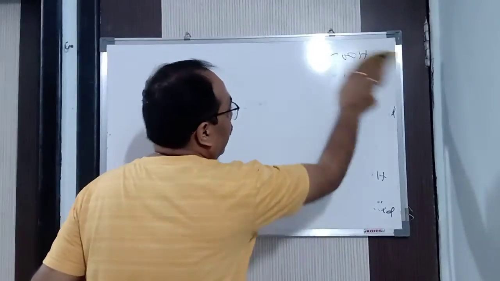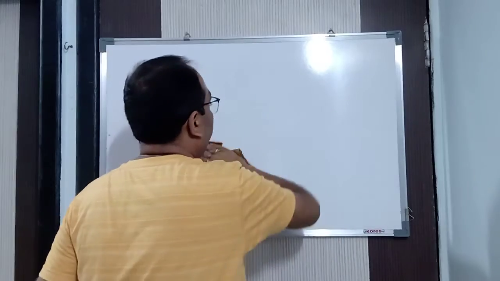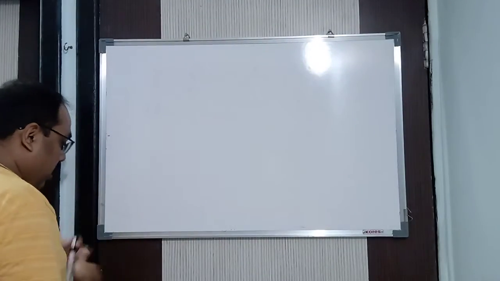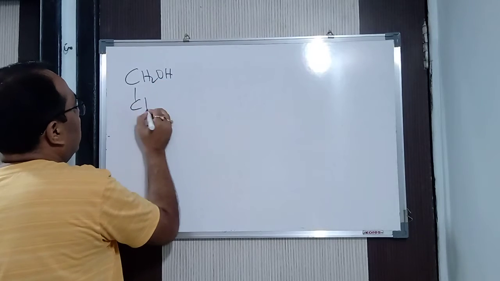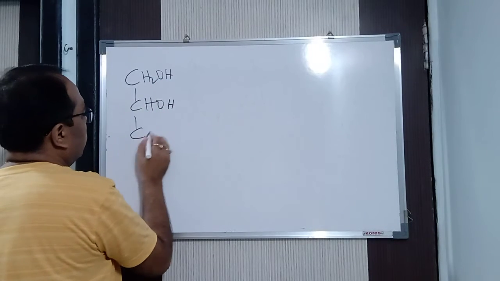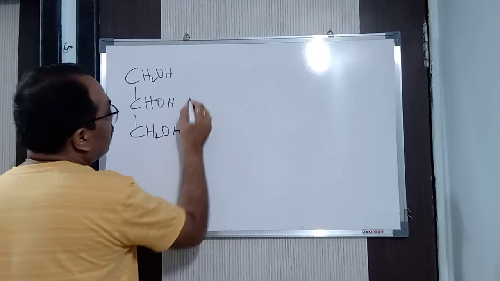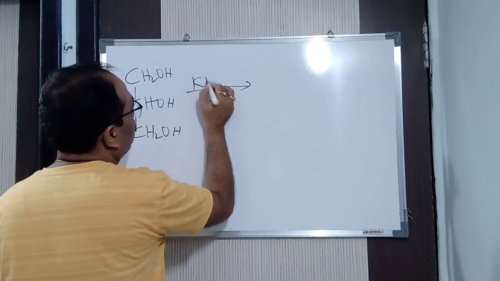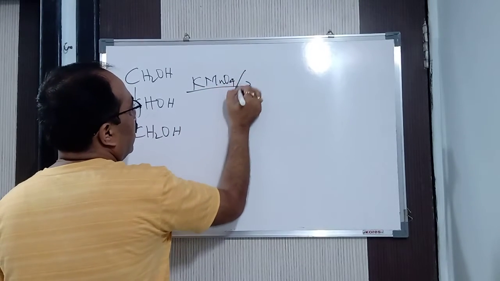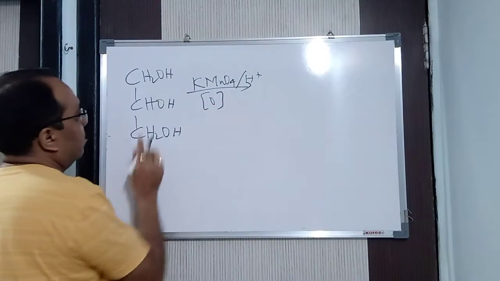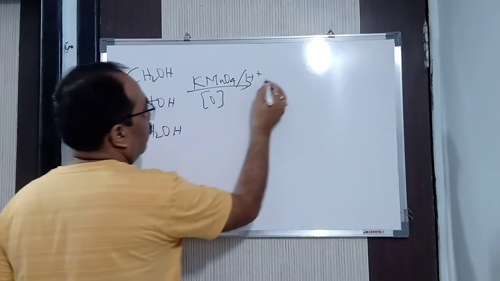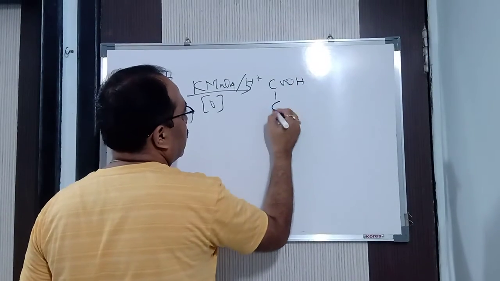Now next, as I said just now, if I take acidified KMnO4, then see here. Glycerol, CH2OH, single bond, CHOH, single bond, CH2OH. Acidified KMnO4, that is KMnO4/H+, the nascent oxygen will give you, as I said, the two primary carbons get oxidized to oxalic acid.